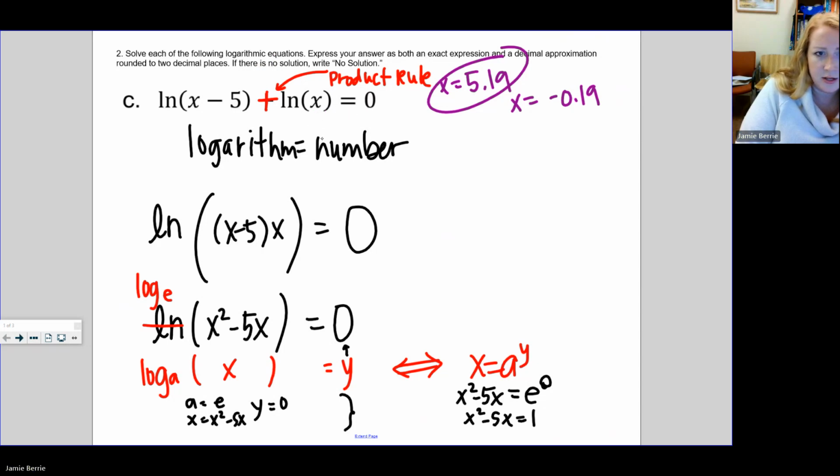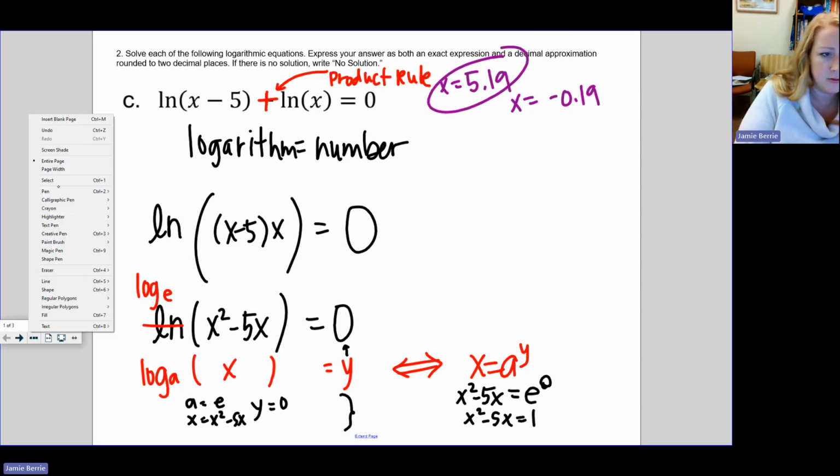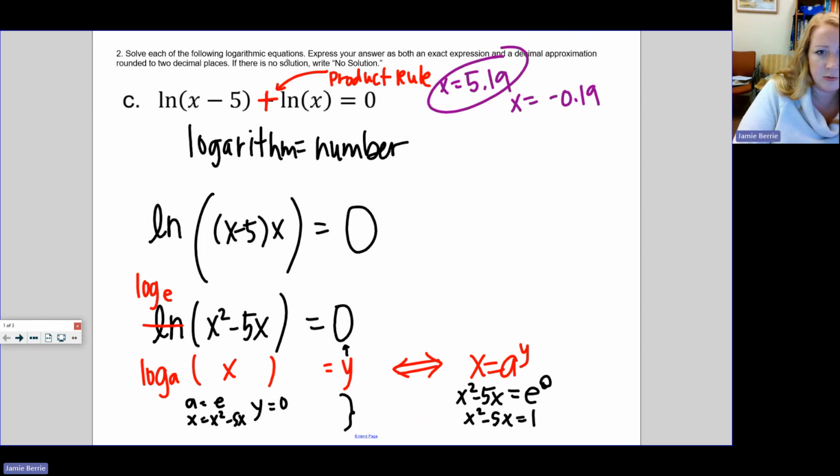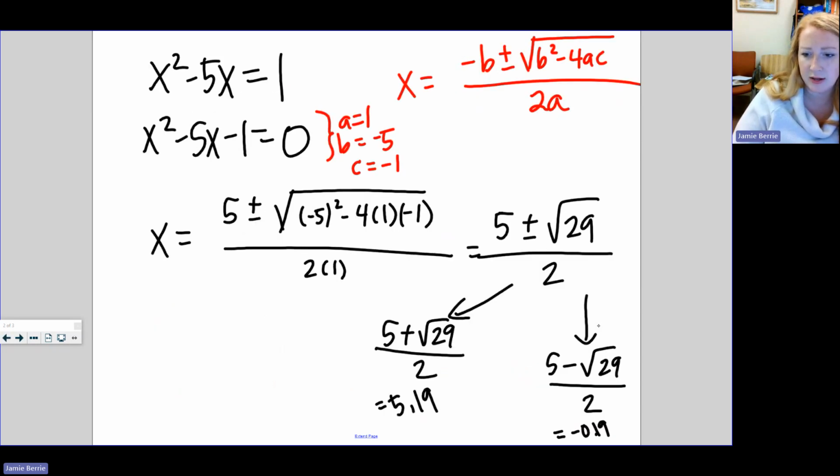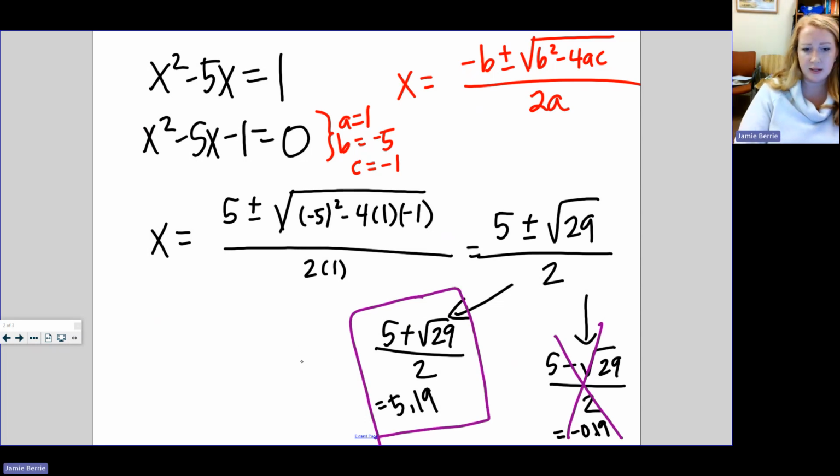We can see right off the bat, if we plug it in here, that's going to make me plug in a negative, so I have to eliminate that as an answer choice. That is not one of my answers. This one was fine. So there's my exact answer and my approximation.